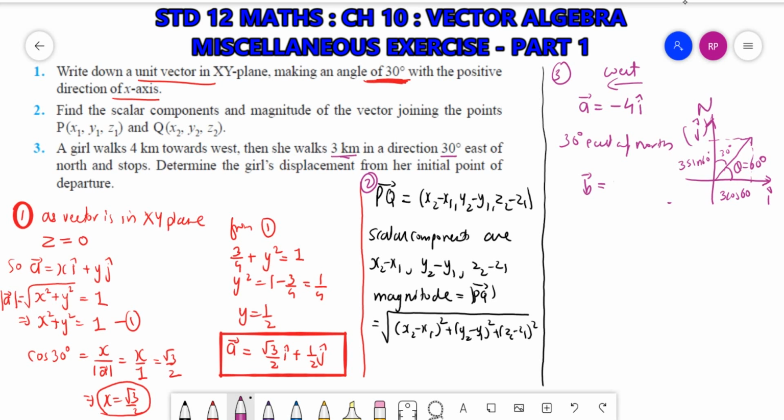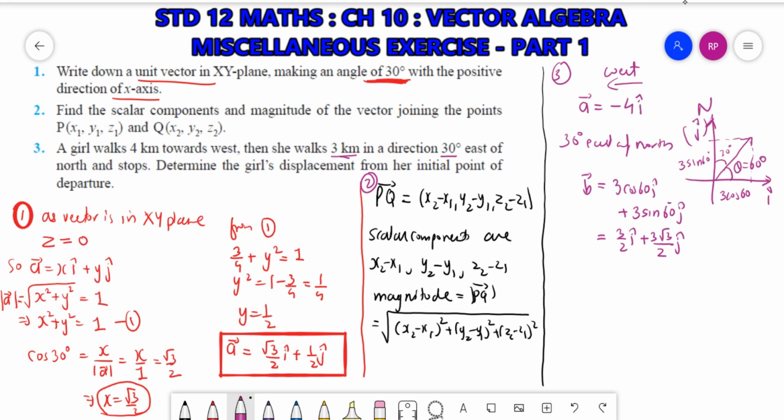So this vector will be 3 cos 60 i plus 3 sin 60 j. The value of cos 60 is 1 by 2, so it's 3 by 2 i plus sin 60, root 3 by 2, so 3 root 3 by 2 j.